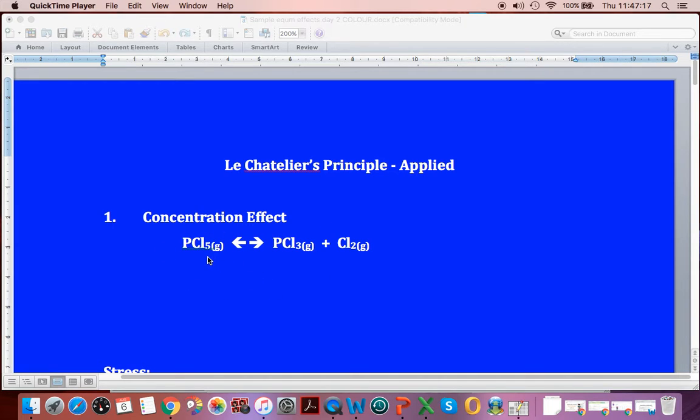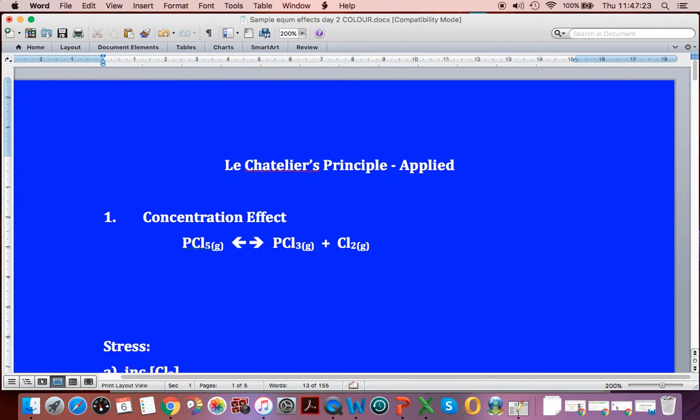If we have PCl5 in equilibrium with PCl3 and Cl2, all gaseous, we want to know what do these stresses do. If we increase the Cl2, the equilibrium will shift left. Therefore, our PCl5 will go up and our PCl3 will decrease.